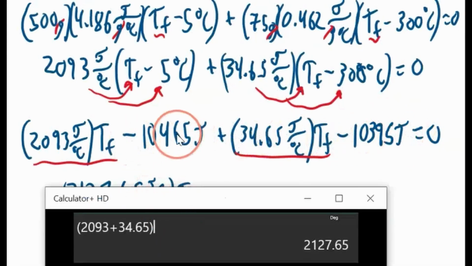They're both negative, so it adds up, and if we move them over, it becomes positive.